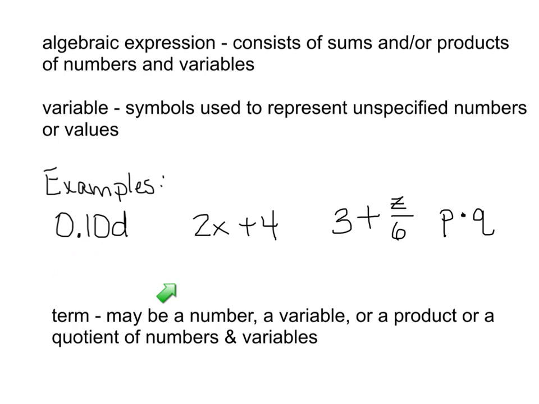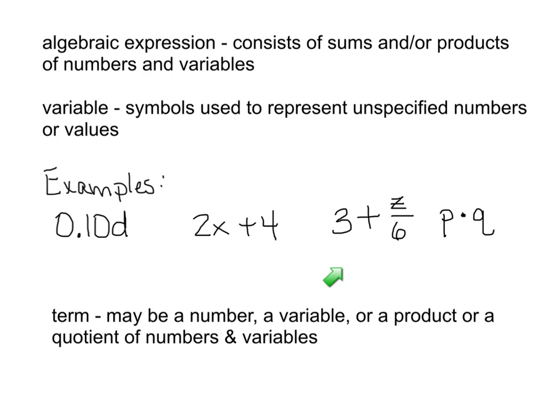Looking at this expression, we have 2x plus 4. Each member that's separated by that plus sign is called a term. The 2x is a term, and the 4, just a number by itself, is a term.